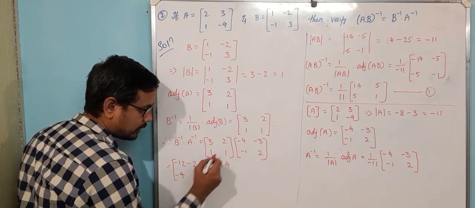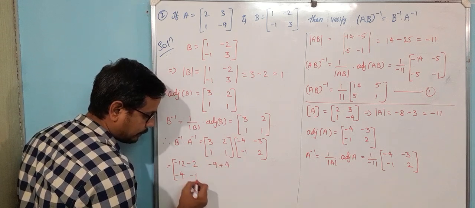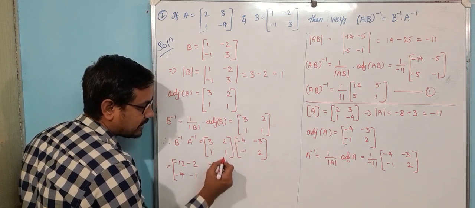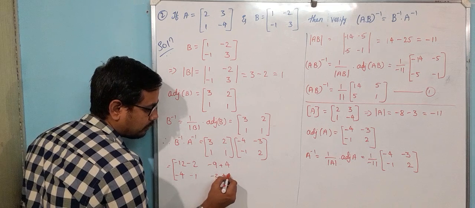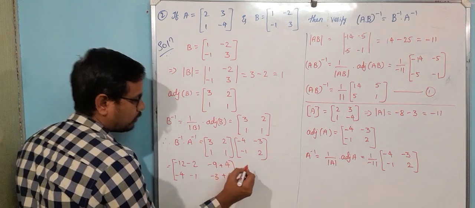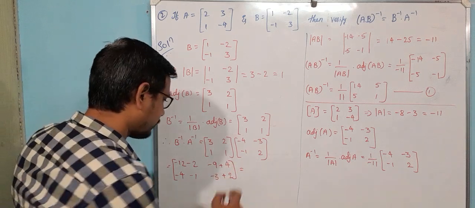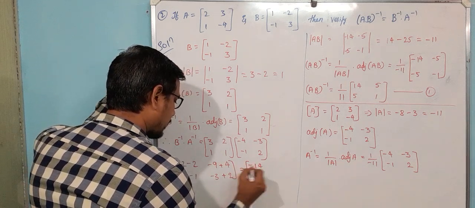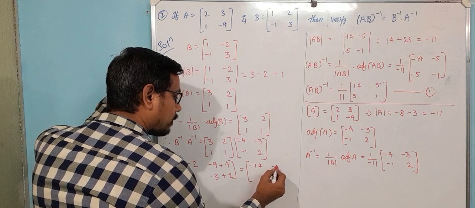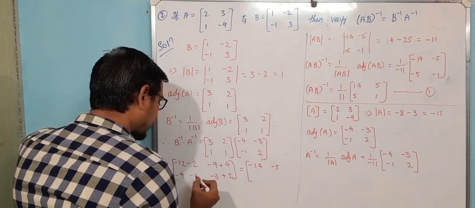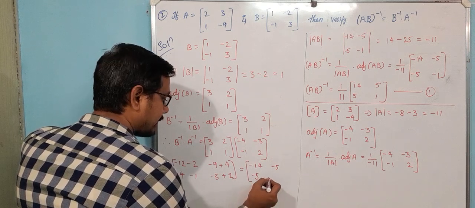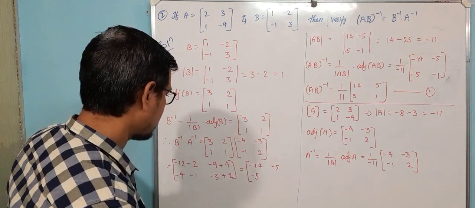Plus 1 into minus 1, minus 1. 1 into minus 3, minus 3. 1 into 2, plus 2. So this is minus 14, minus 9 plus 4, minus 5, minus 5.